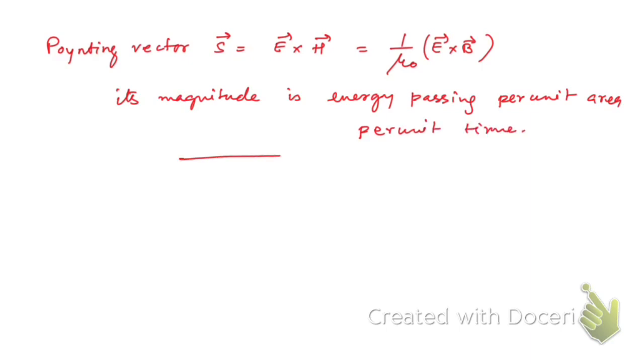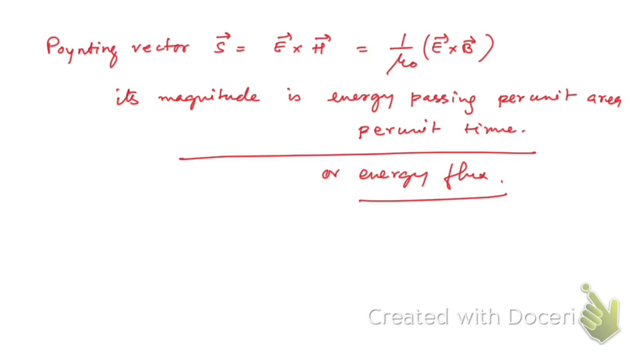This is the physical significance of the Poynting vector, or you can say energy flux. Hope you have understood this, right?